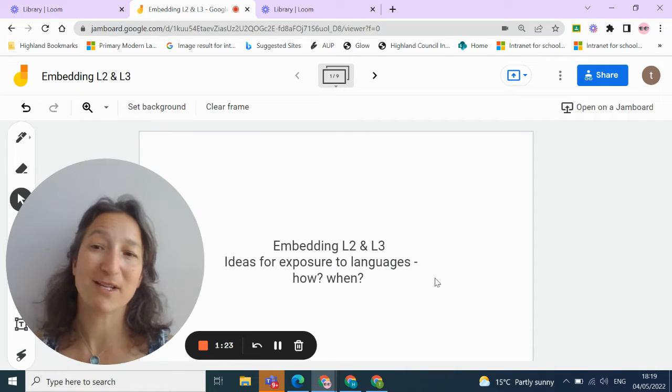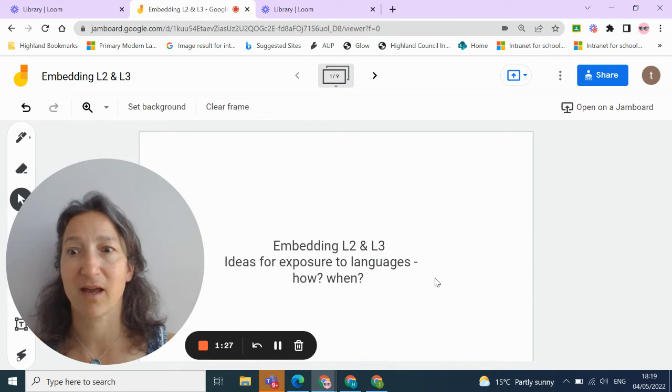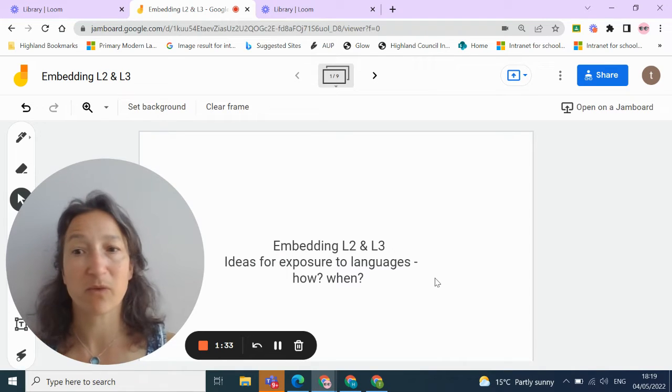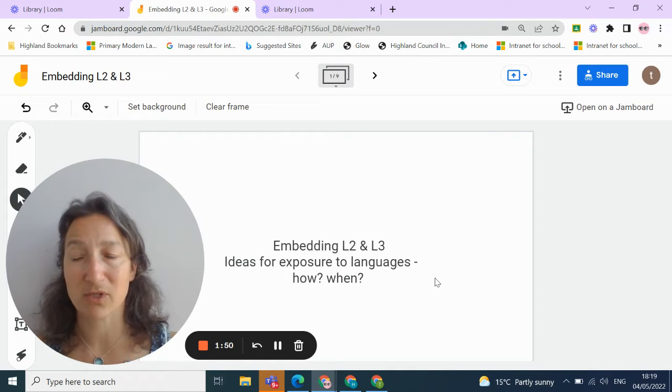So your ideas could be something big, like having a languages day, a French day, for instance. It could be something to do with planning and where it is on the timetable. It could be something to do with celebrating languages during an awareness week, linking with national things. So anything that you might do to expose learners to languages.